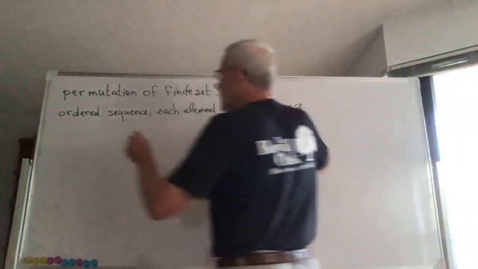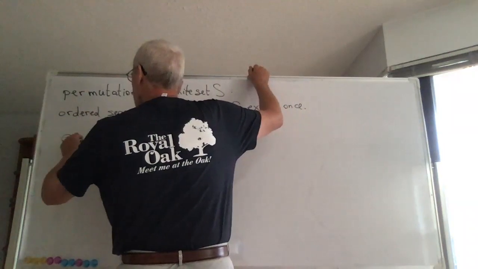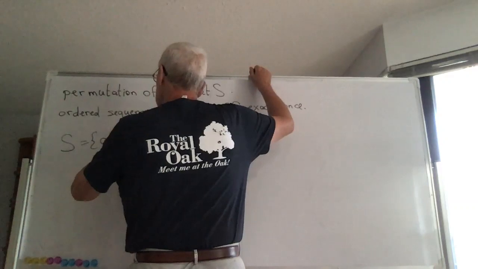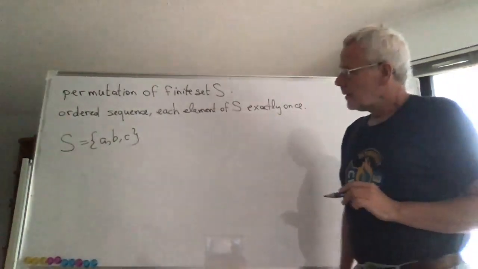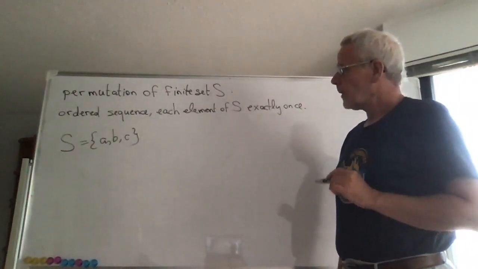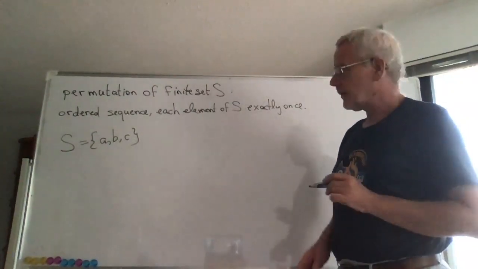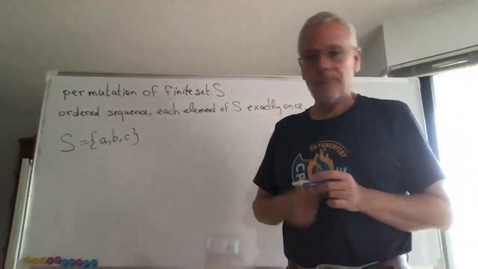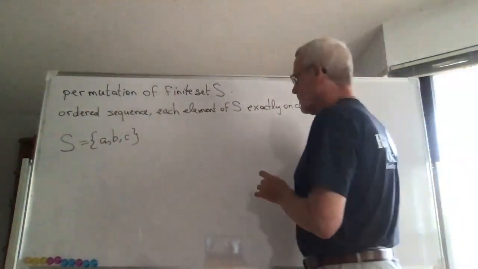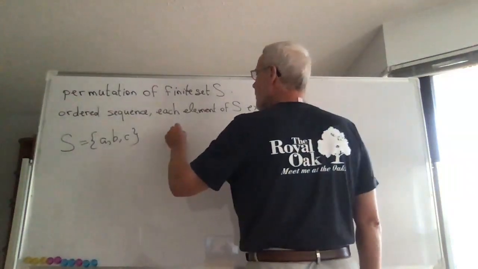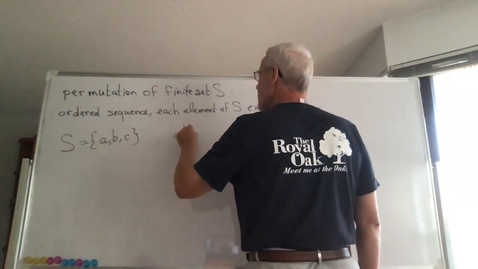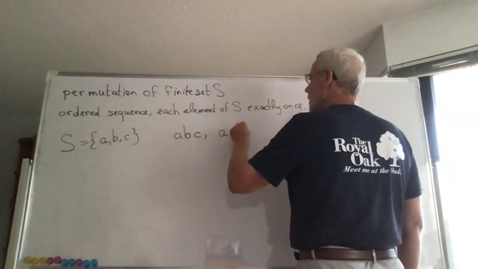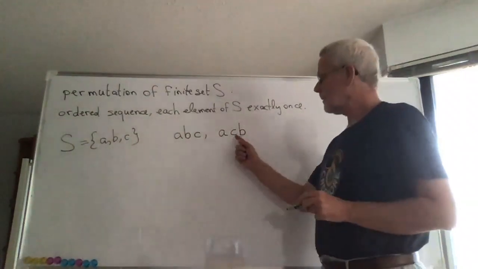So for example, if S is the set A, B, C, then to obtain a permutation of S, you have to write the symbols A, B, and C in some order. So the different permutations are, well, you can write ABC, or you can write ACB. So this is different from this.